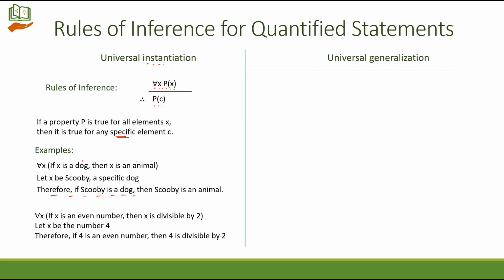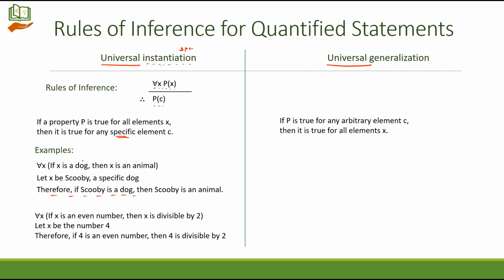The next rule will be universal generalization. This is just the opposite of instantiation. If P is true for any arbitrary element C, then it is true for all elements X. Basically, we said when it is true for all, then it is true for a specific one. That is instantiation.